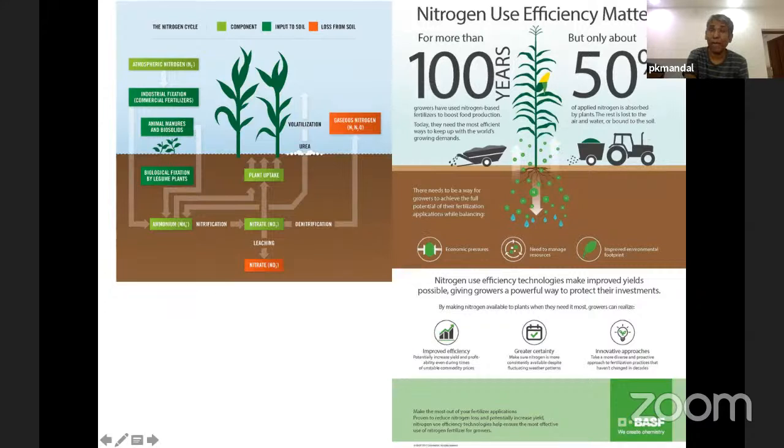I'm talking with a big optimistic figure. If the plant itself is able to take 50% of the nitrogen we are using, that is a great achievement. Here BASF is given because of a purpose.